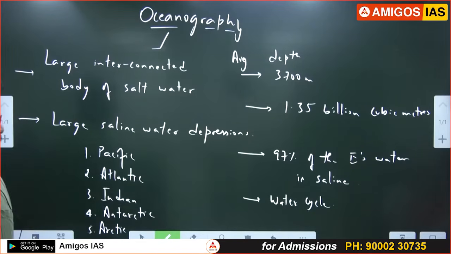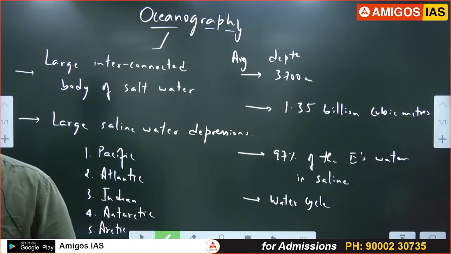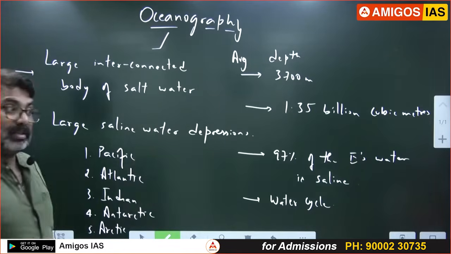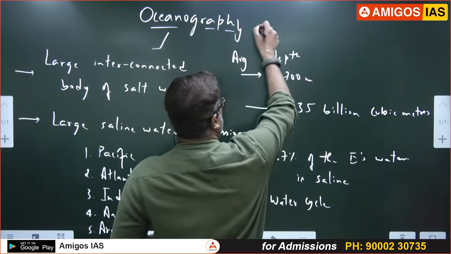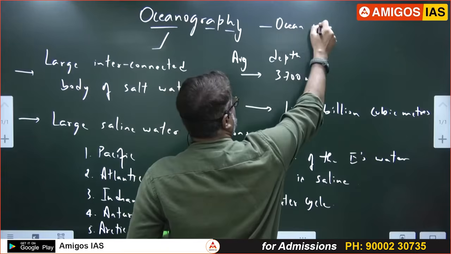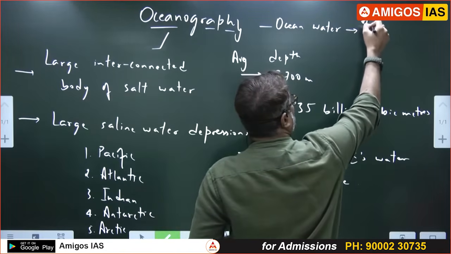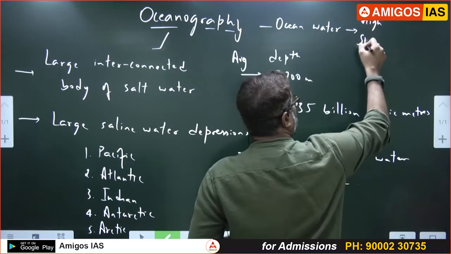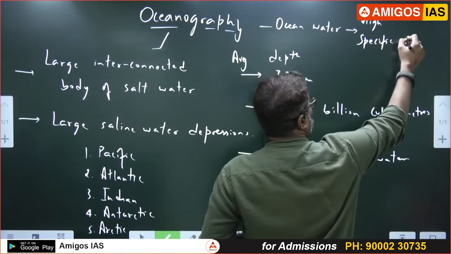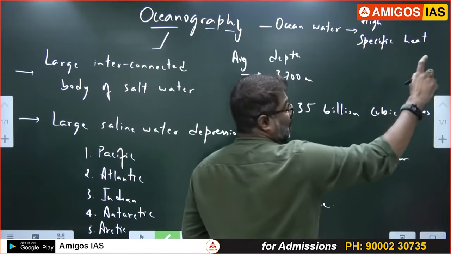Please remember this. Water has very high specific heat capacity, so it can store energy in large amounts. Specific heat capacity is the amount of heat required to increase the temperature of 1 gram of substance by 1 degree Celsius.